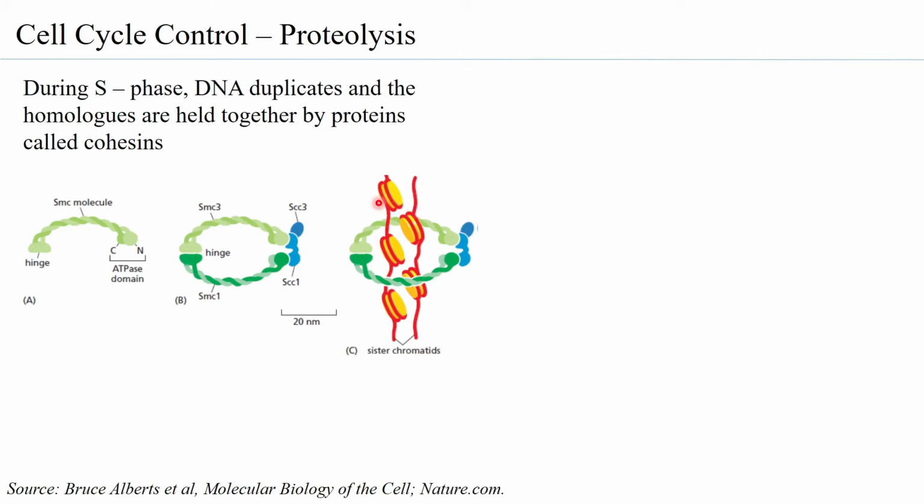You can see that both the sister chromatids are currently in the chromatin form, but they are held together by the cohesin. Now, this is just one part. If you have the entire sister chromatid, you will find that several cohesins are bound to the sister chromatid at various points. This begins from the S phase itself and continues.